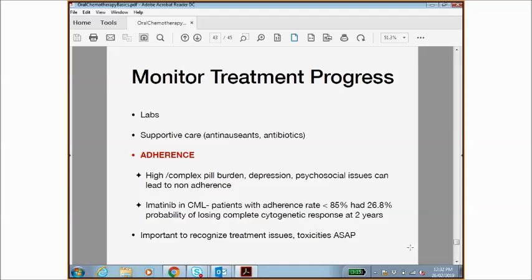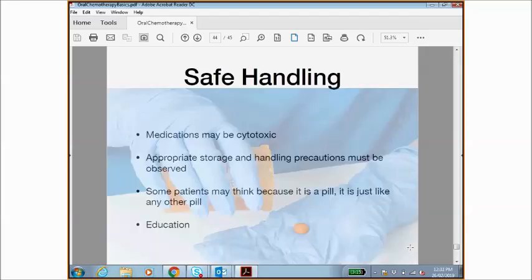And also remember to recognize the treatment issues and toxicities as soon as possible. Also remember these medications are most likely cytotoxic or cause some ill effects if they're not handled properly or in the right people. So always stress the proper storage and handling precautions in the community.